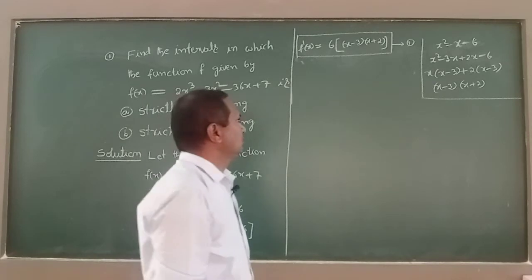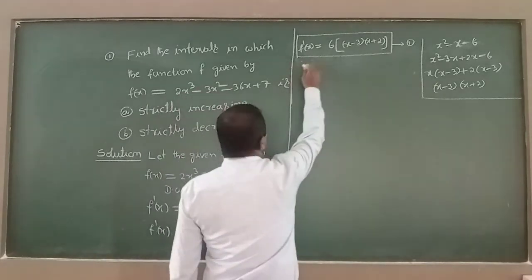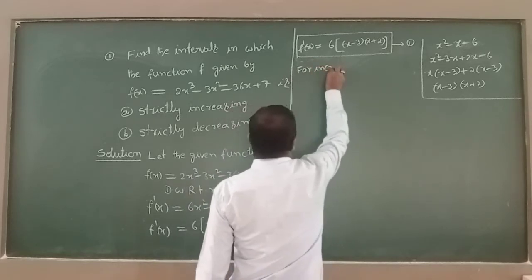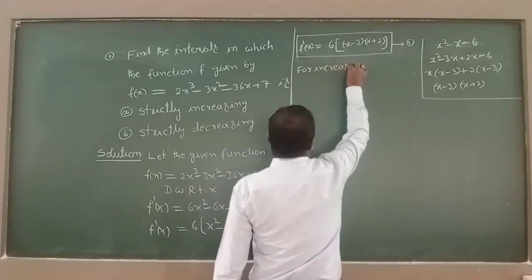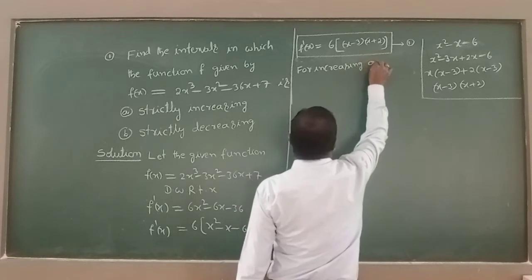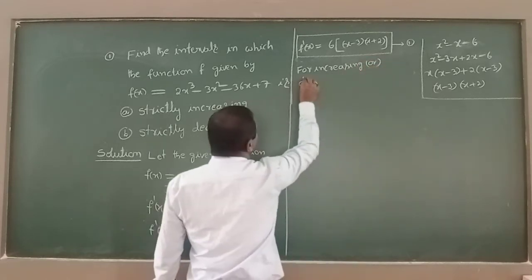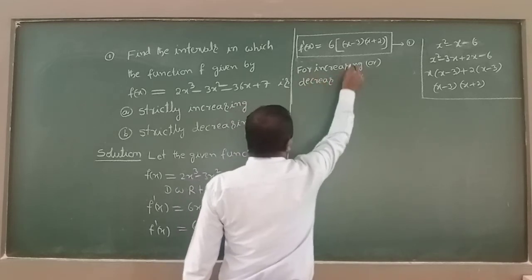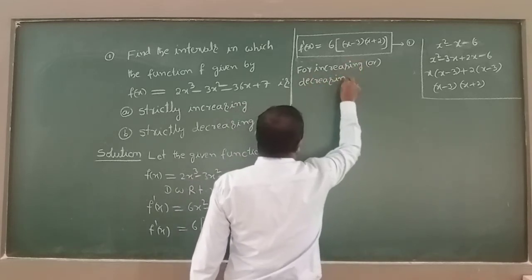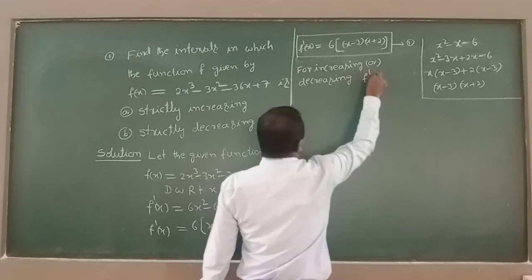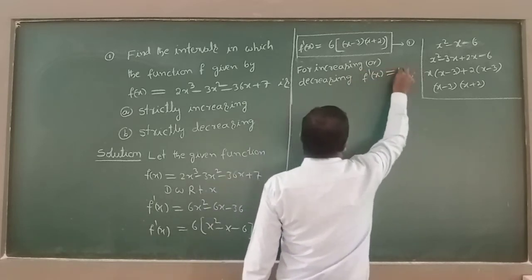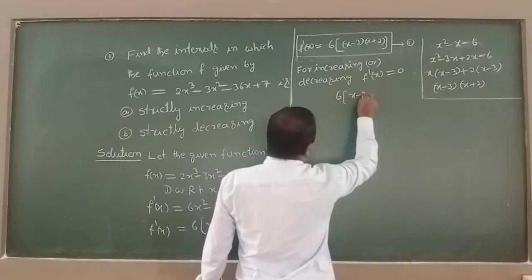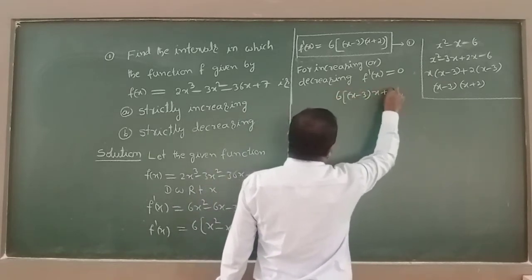Now, for increasing or decreasing, we equate f dash of x to 0. Then 6 into x minus 3 into x plus 2 is equal to 0.